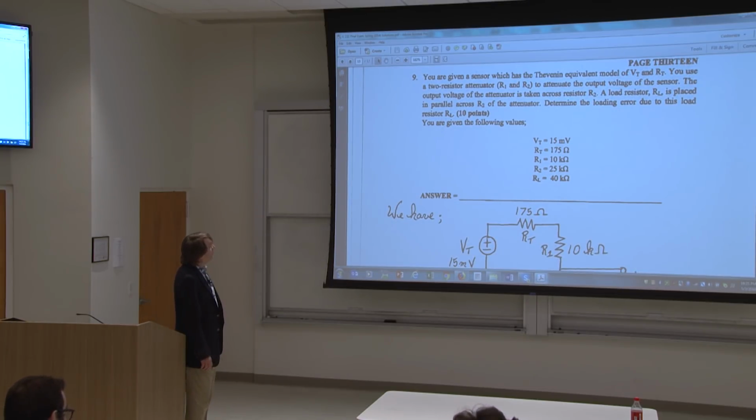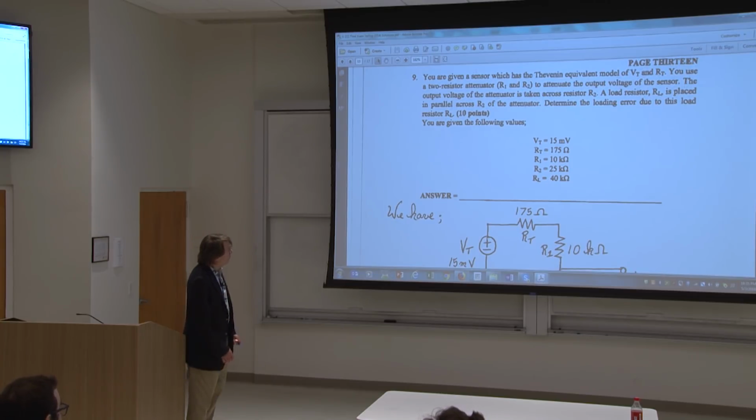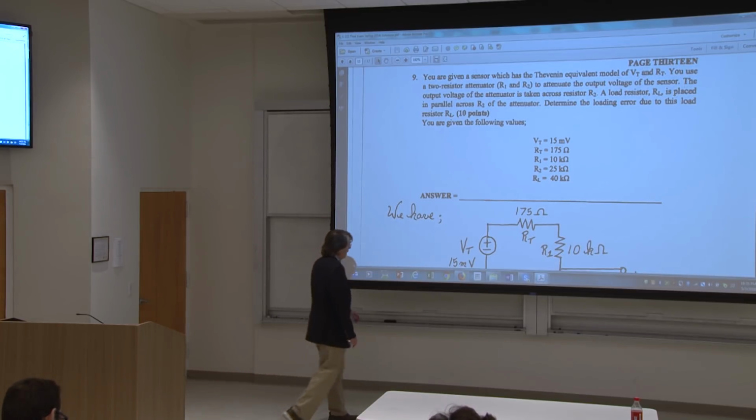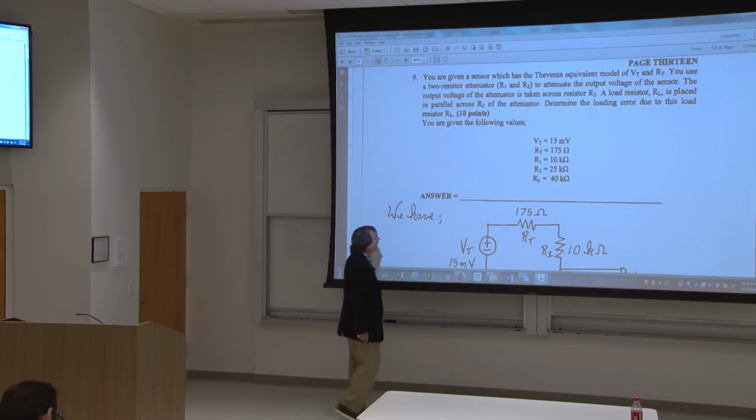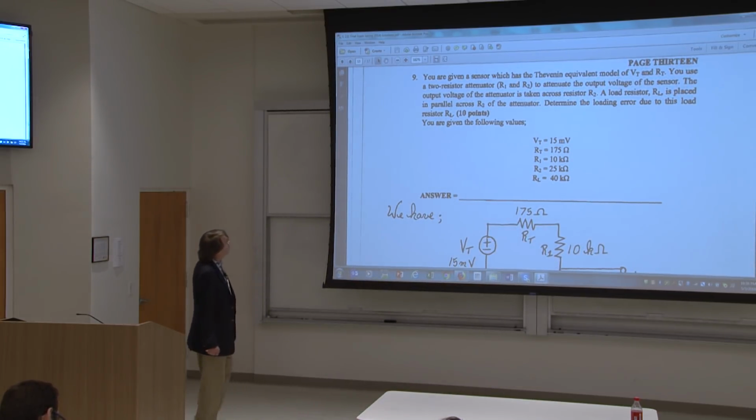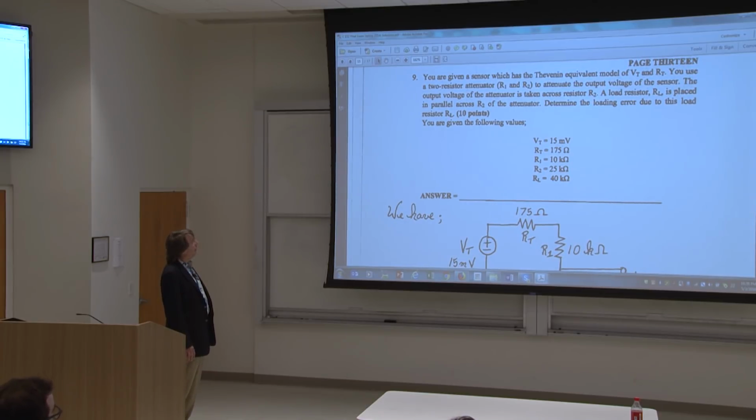All right. So you have a sensor that has a Thevenin equivalent model of V sub t and RT. And you go into a 2-resistor attenuator, and the output voltage is taken across resistor R2. A load resistor is placed in parallel across R2.